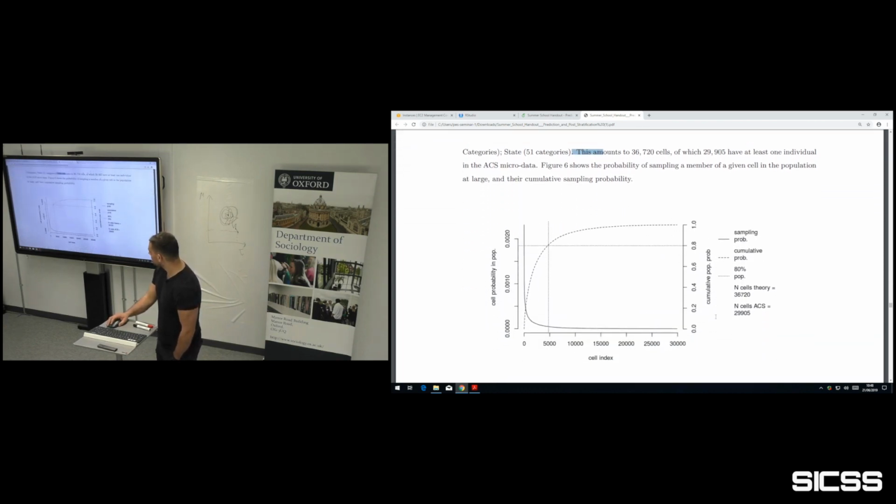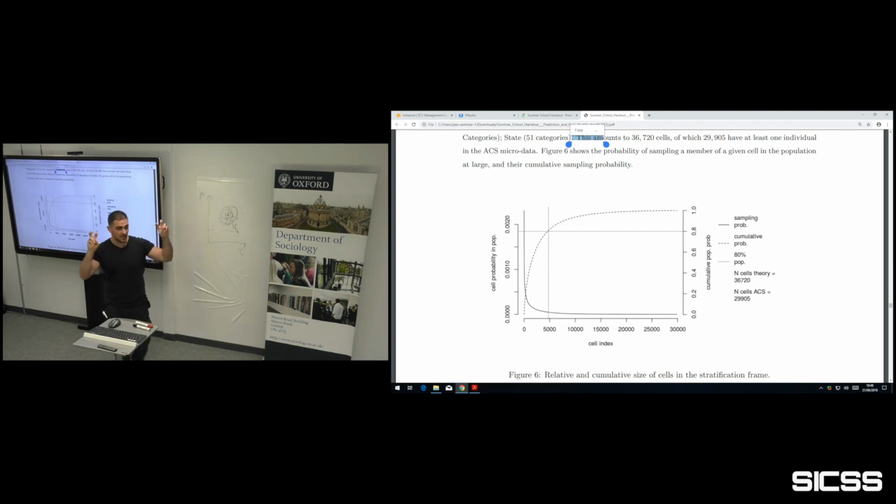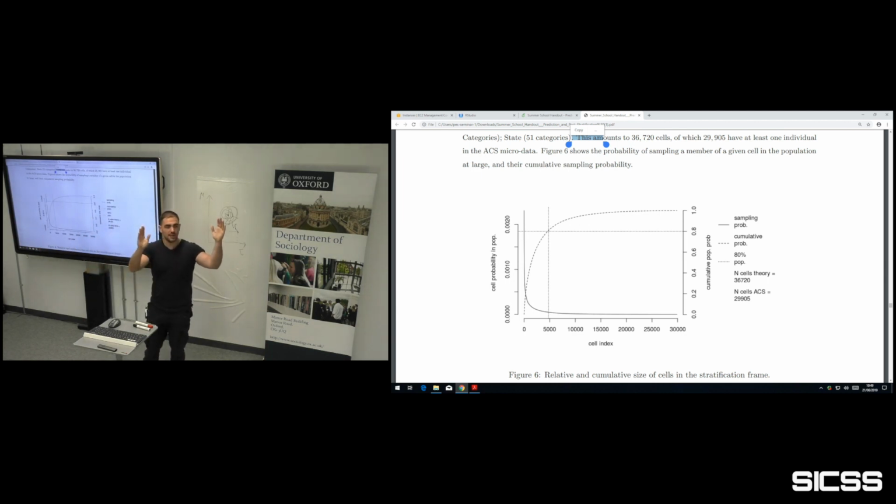This is kind of a neat plot, which is from my own research. In the bold line, you take the cells, each voter category, and you order them from the largest cell to the smallest cell, where the largest represents the largest proportion of the population and the smallest the smallest proportion.